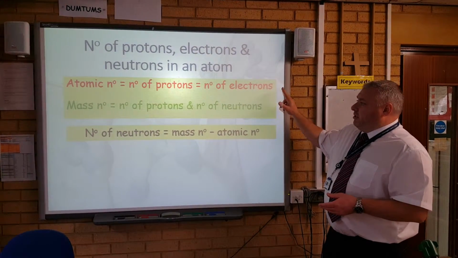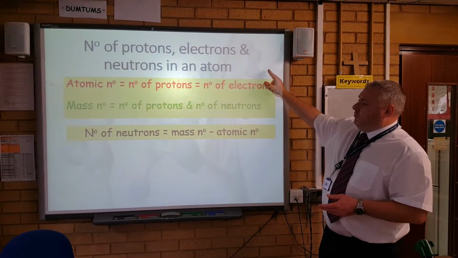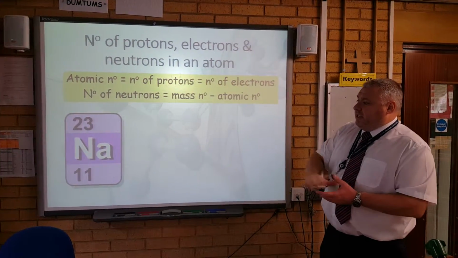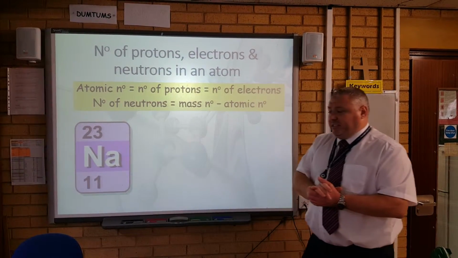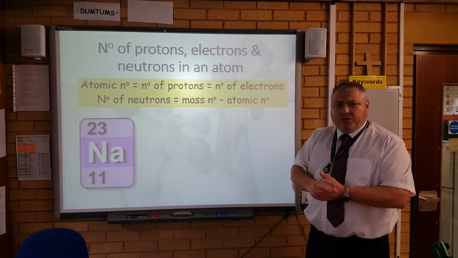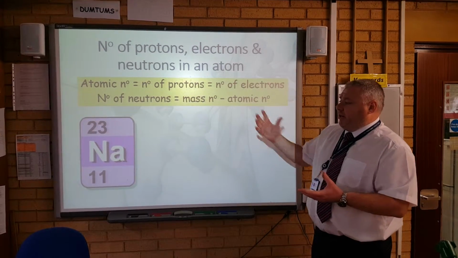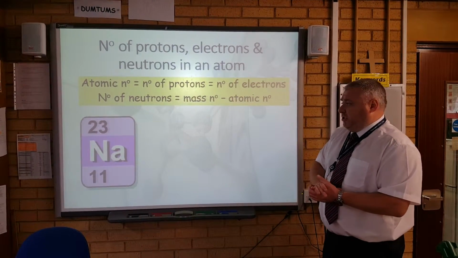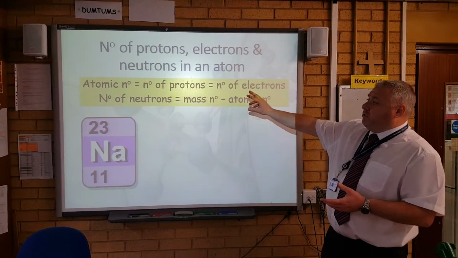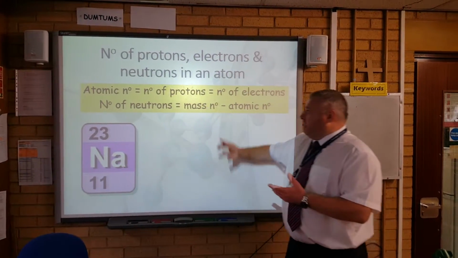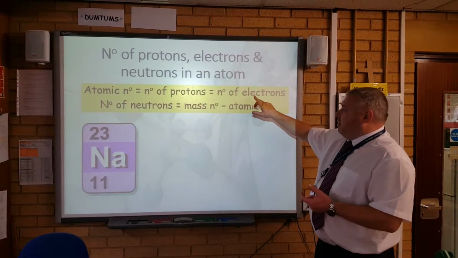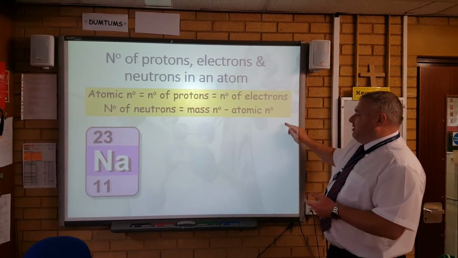If we look at sodium, here's sodium: its atomic number is 11, its mass number is 23. How can we use this information to work out the number of protons, electrons and neutrons? We're going to use the first rule, which tells us that the atomic number, the bottom number, equals the number of protons and also equals the number of electrons.